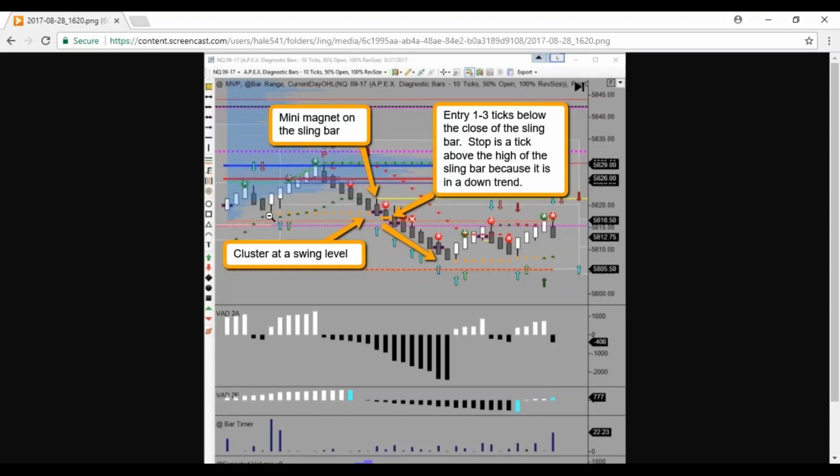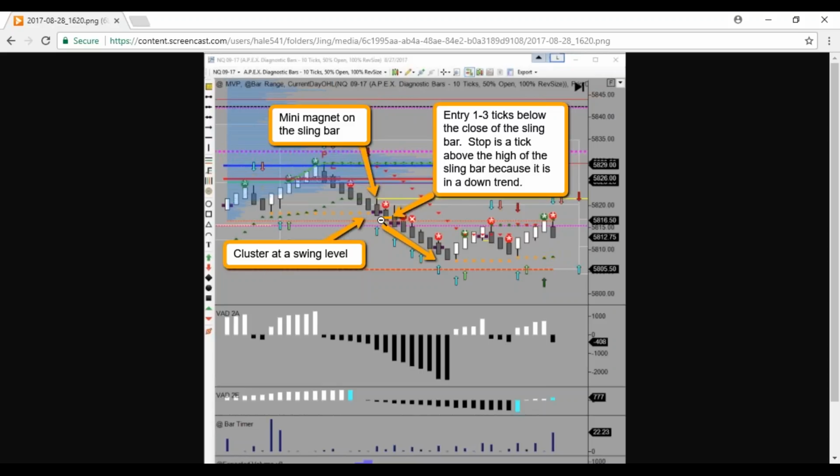Where the market stopped. It couldn't break that point. But then when it's coming back to that point, it's pulling back for some more speed and momentum. It's leaving a mini magnet, it's closing down with a cluster. We're getting the power to push through there, right? Like when you're trying to get up a hill and you only get to a certain place and you pull back and gather steam and you just take off with more energy and you get farther. You're pushing through it, through a level.